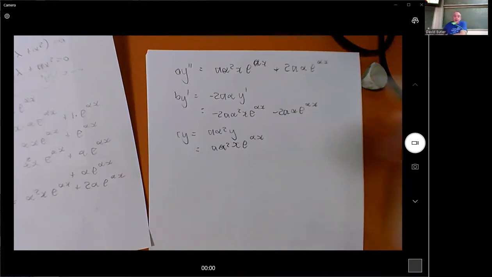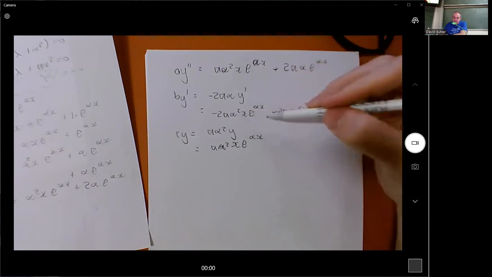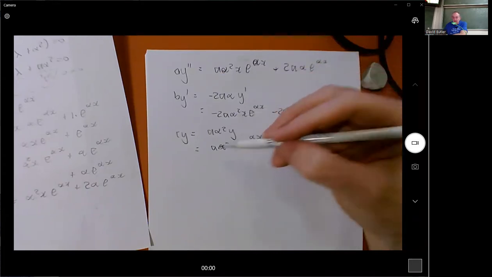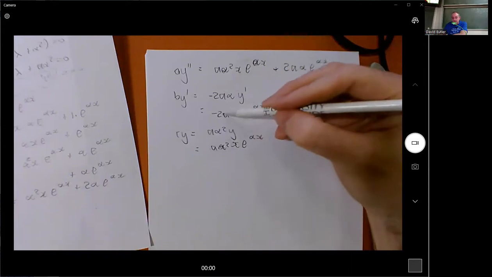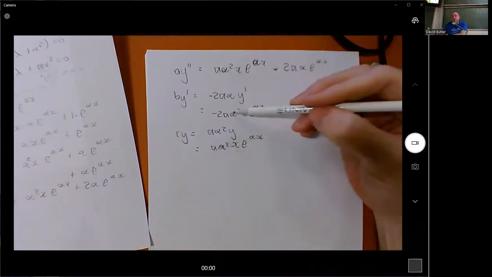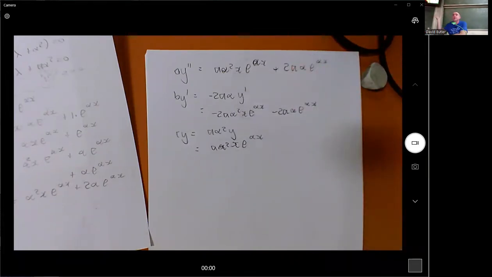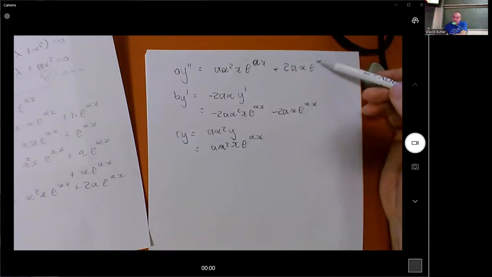Cool. So I see an x e to the alpha x here, and here, and here. I see an a alpha squared, and an a alpha squared, and a alpha squared. In fact, I have 2 of them here and minus 2 of them here. So when I add them all together, I will get 0. And the rest of it is this stuff.